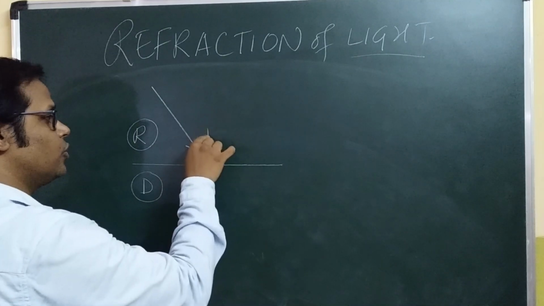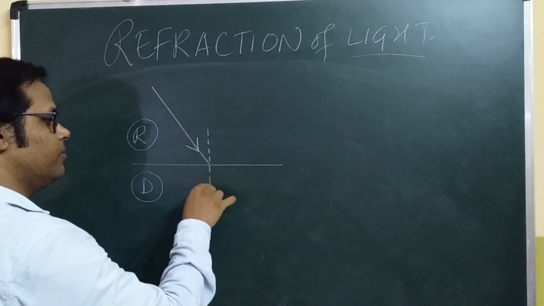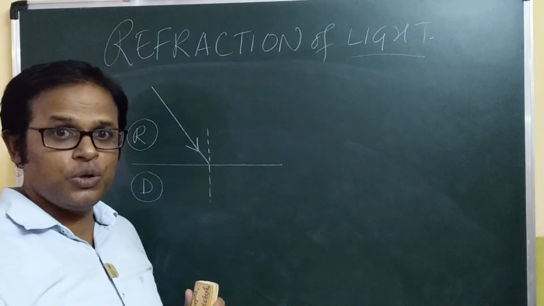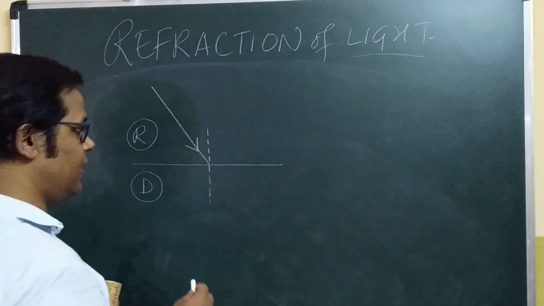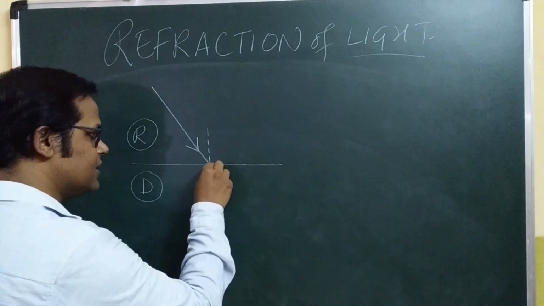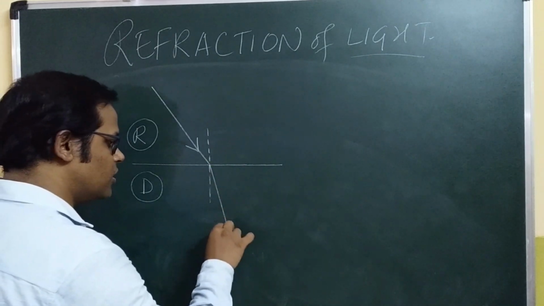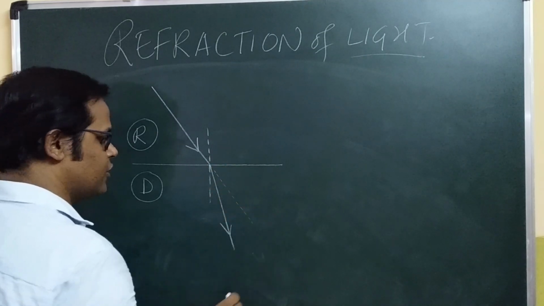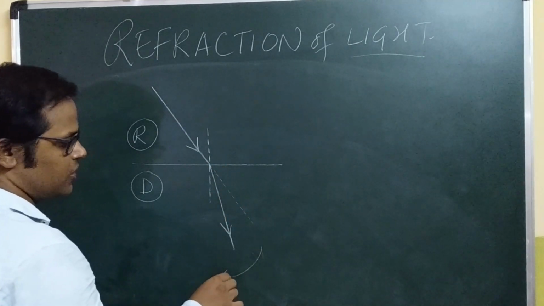Optically rarer to optically denser means the light speed in the denser medium is going to decrease relatively, hence it will be shown as if it is bending towards the normal. This would be the reference direction, bending towards the normal.